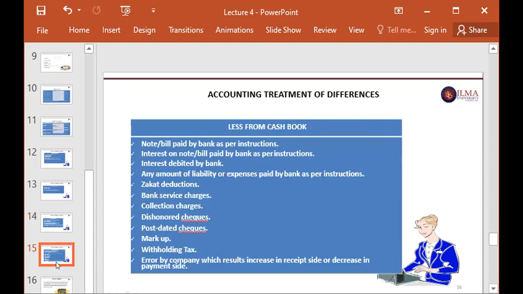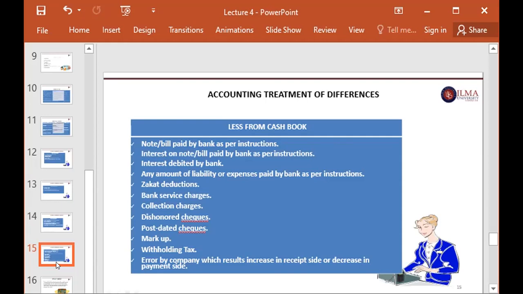Moving to the next one, the differences that will be subtracted from the cash book are a note or bill paid by the bank as per instruction of someone, interest on a note or bill paid by the bank as per the instructions, account interest debited by the bank, or anything debited in the bank account.